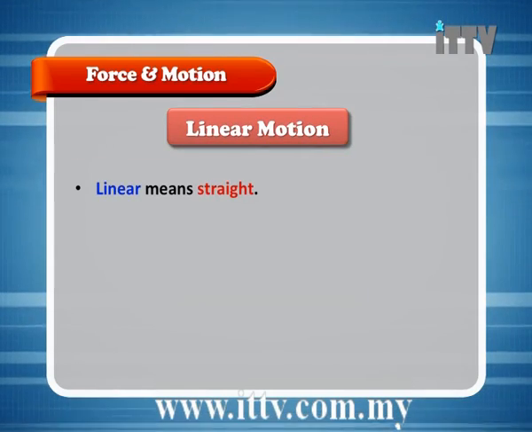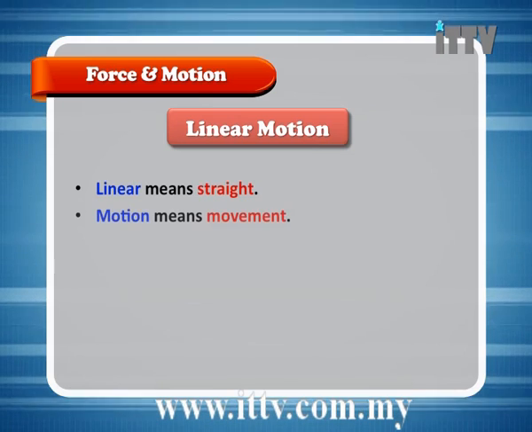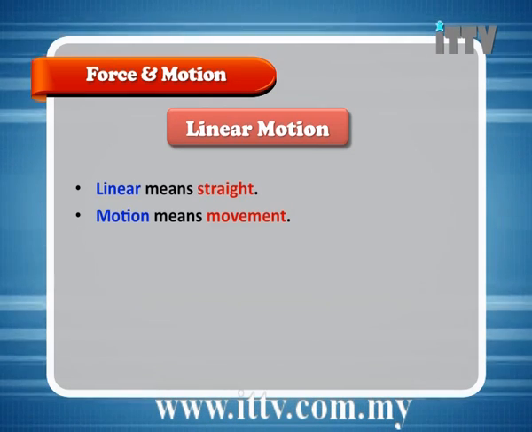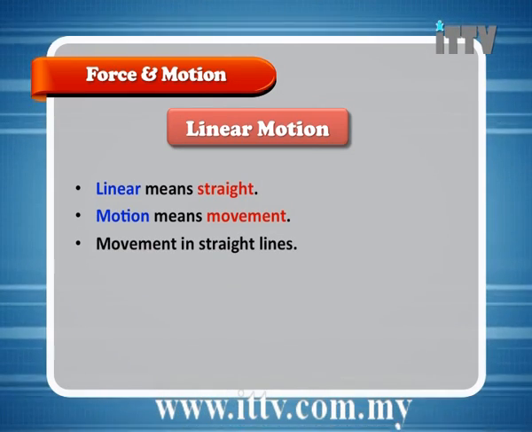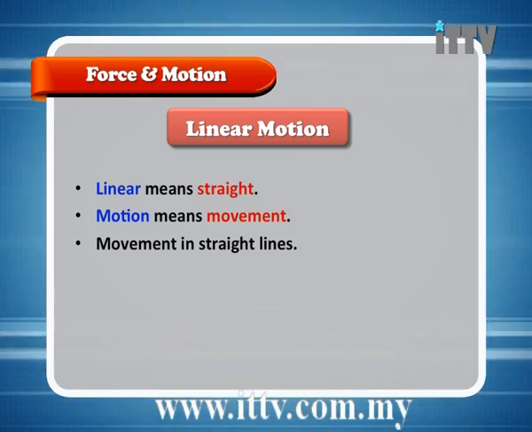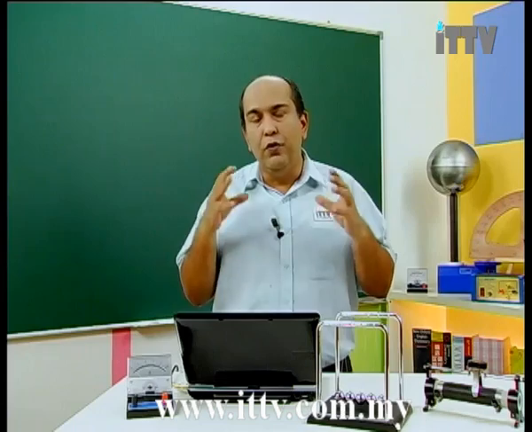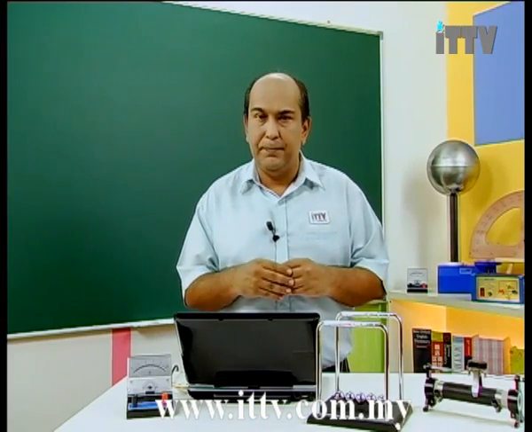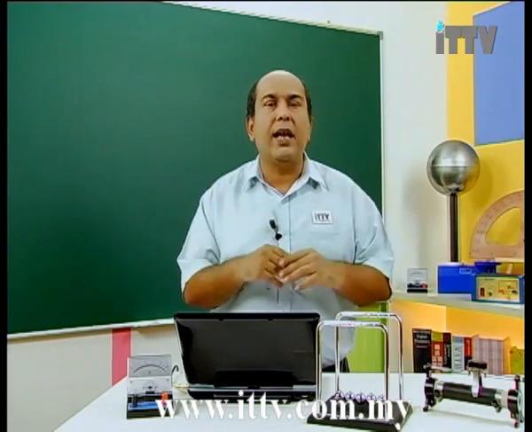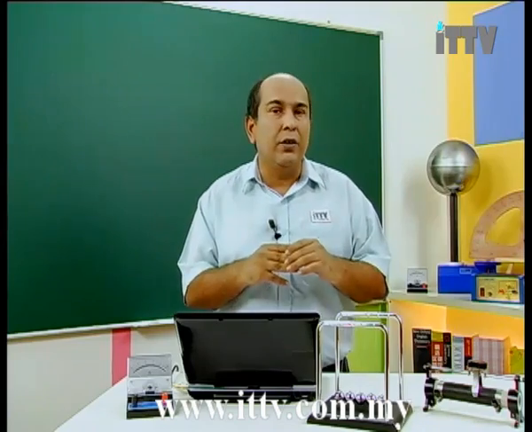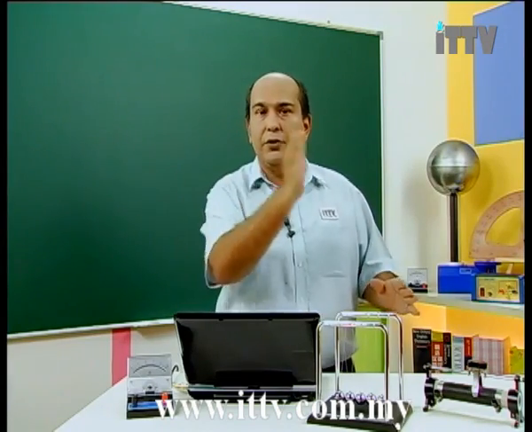Linear means straight. Motion means movement. Movement in straight lines. So when we talk about linear motion, we're talking about movement in a straight line. When we say straight line, please don't think it can only mean from left to right.